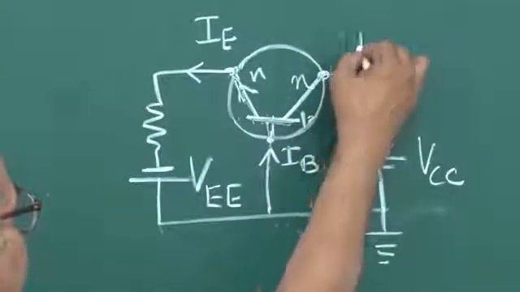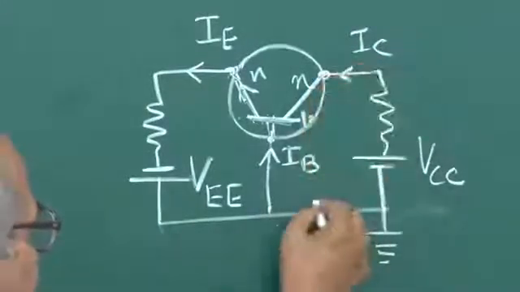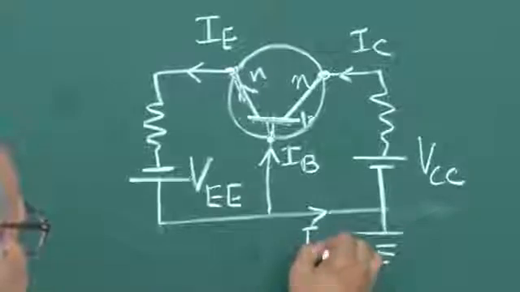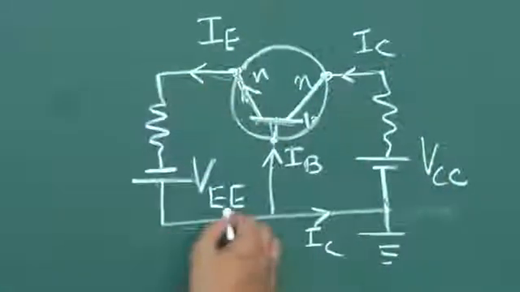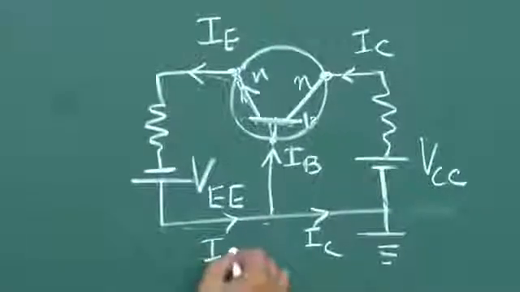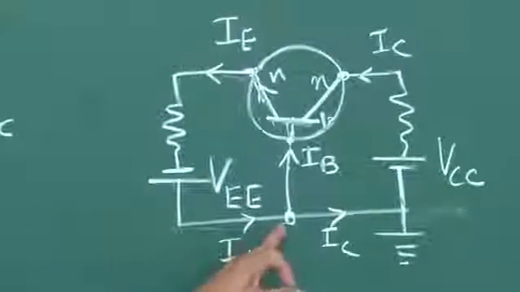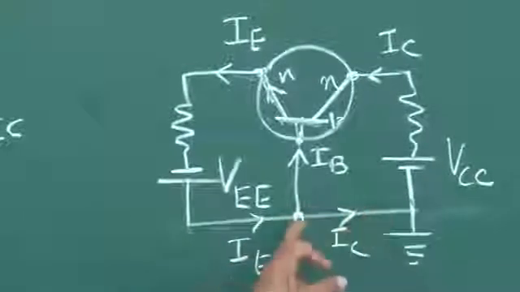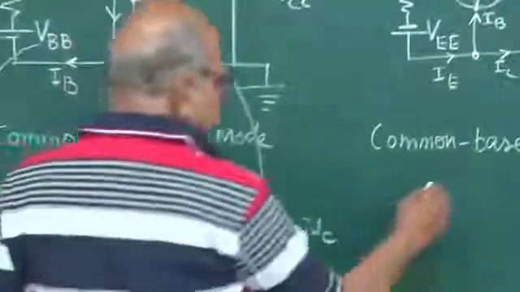What you see, this IC current must have gone from here, because this is one series, and this IE is one series, so this IE will go like this. So once again you can see that IE is equal to IC plus IB, so the same IE equal to IB plus IC holds.